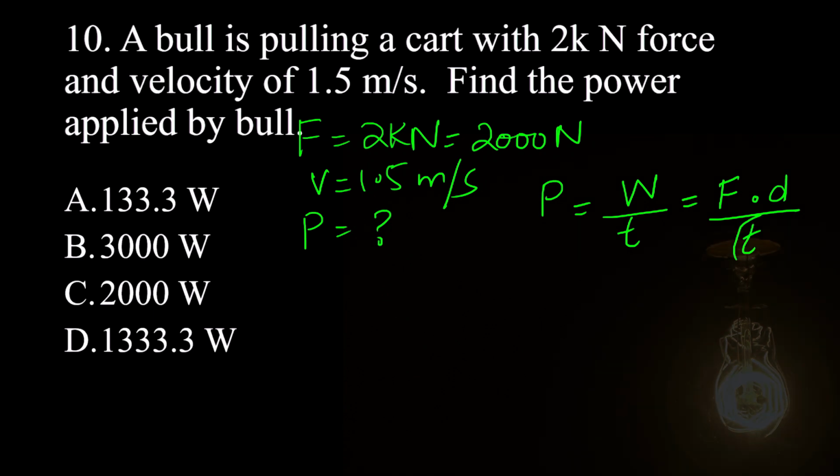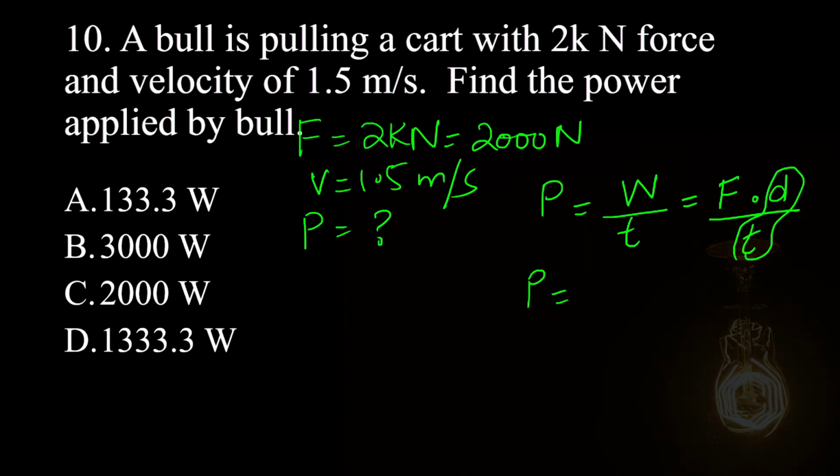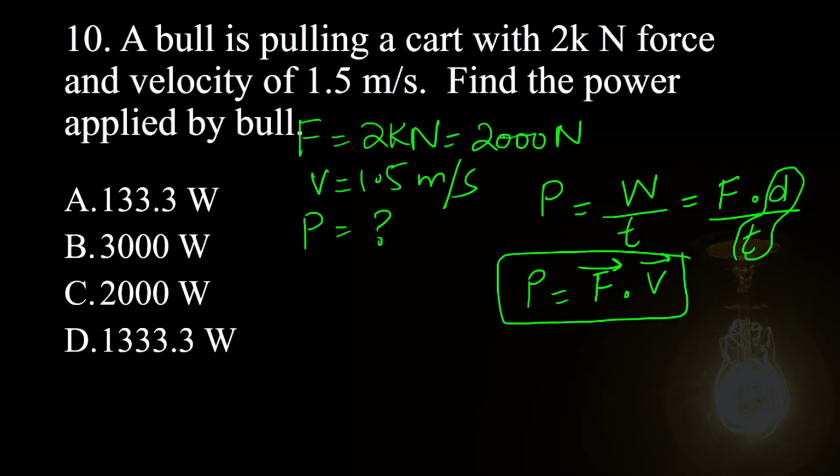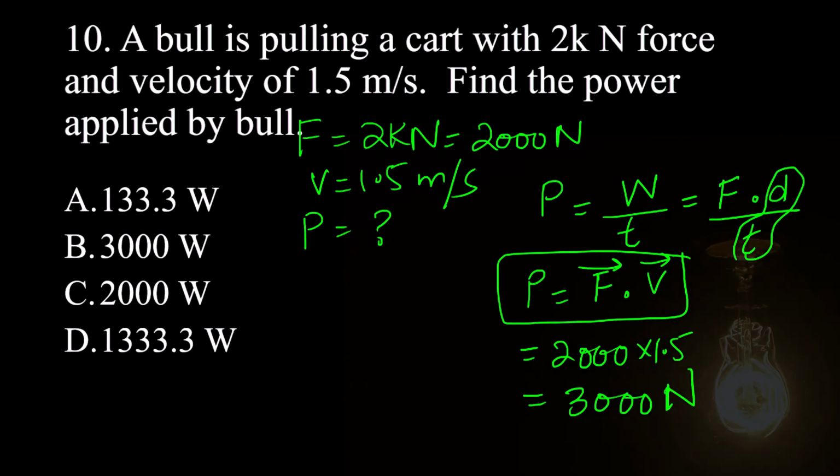Displacement over time is velocity, so there is one more definition of power, that it's a dot product of force and velocity. So when you multiply 2000 into 1.5, it will be equivalent to 3000 watt. The unit of power is watt. So the correct option is B.